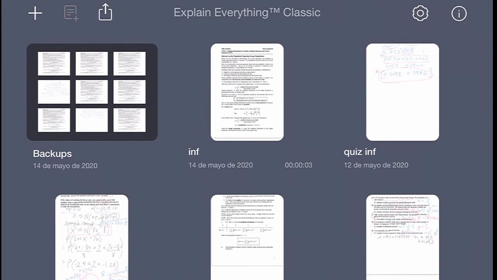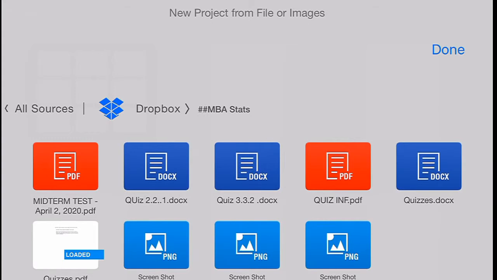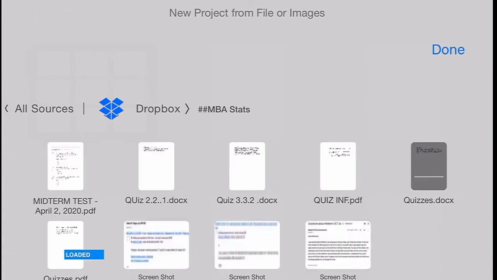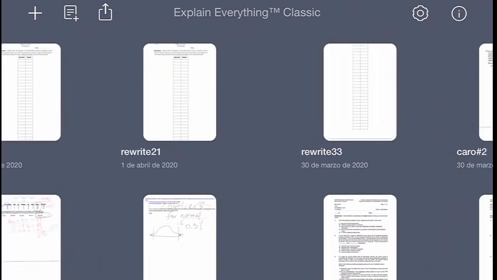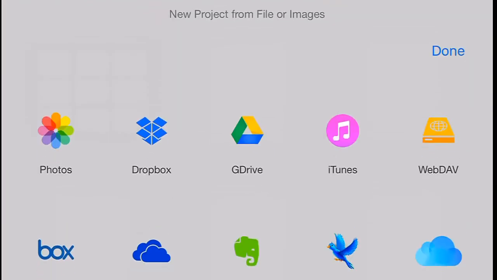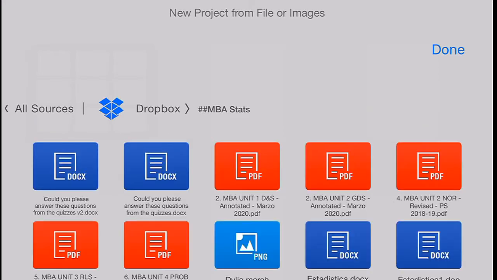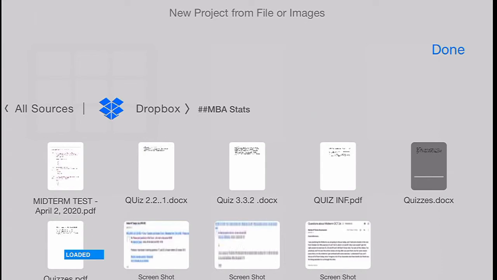That's not it. Did I pick it up? I gotta do that one more time. Maybe I have to turn it to a PDF. It won't open. Oh, there it is.